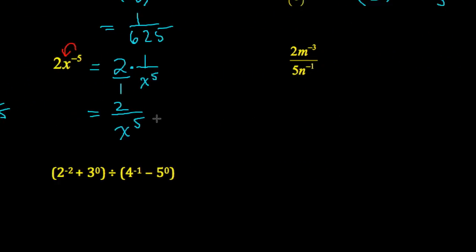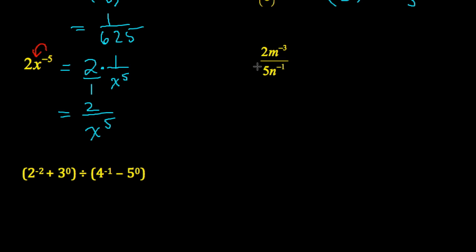Just 3 more to go. Using that last concept and recognizing that exponents operate just on what's next to them, we have the negative 3 operating on just the m here, and the negative 1 operating just on the n here. Watch what happens. Kind of like the last example, the 2 stayed where it was, and the x to the negative 5 ended up in the denominator.